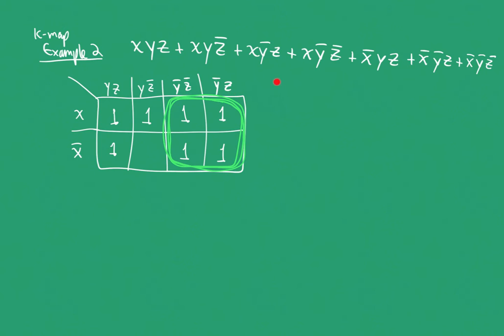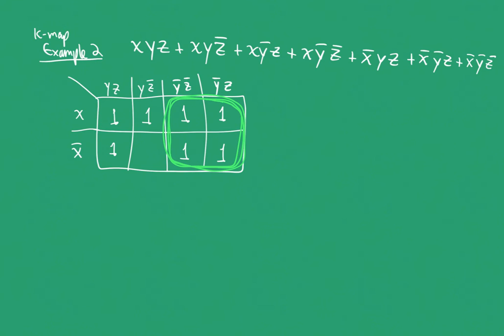And if we think of this as kind of wrapping around, from y bar z to yz, we are also still changing just one literal, which means you can think of this edge kind of wrapping around and being this edge, kind of like a game of Pac-Man where you go in to the right side of the screen and you magically appear on the left side of the screen. Or you could think of this as being a strip of paper and you are connecting these two edges to each other.